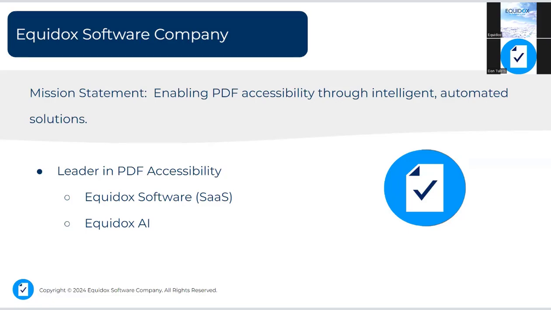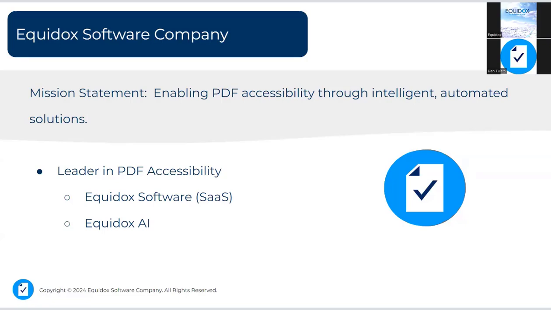We also offer an AI-based solution. So Equidox AI is more for those recurring use cases where you have a very high volume of documents that have a lot of similarities in them. So think of bank statements or directories or just documents where you're constantly updating them or they're constantly changing, or you are producing many thousands or millions of them on a recurring basis.